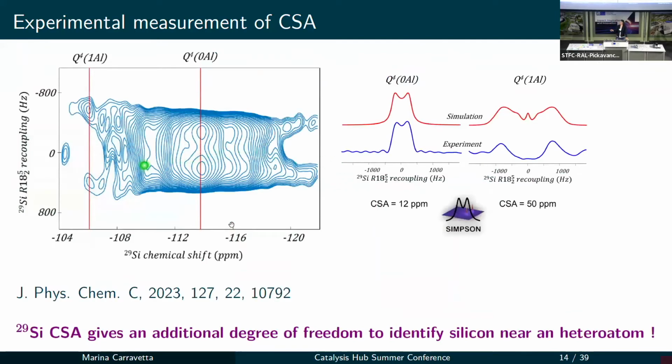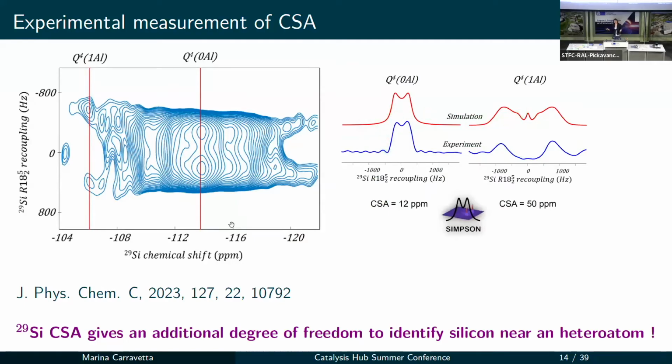I did show you that the spectrum was not well resolved, but if we take a slice in the area for Q4 with 0 aluminum and the area with Q4 with 1 aluminum nearby, we have the slices here, we have experiment here, and then we have the simulation here.